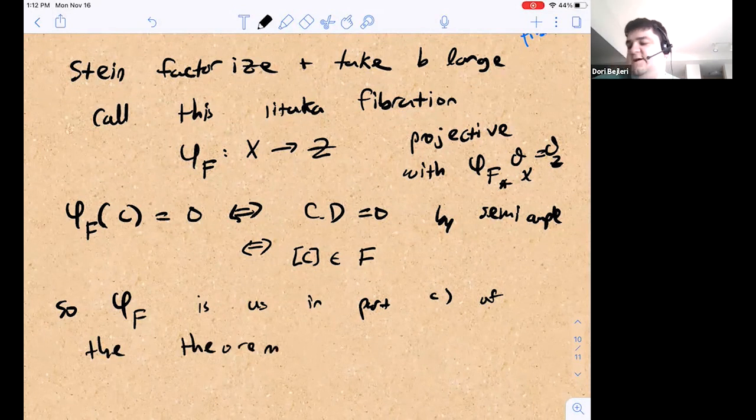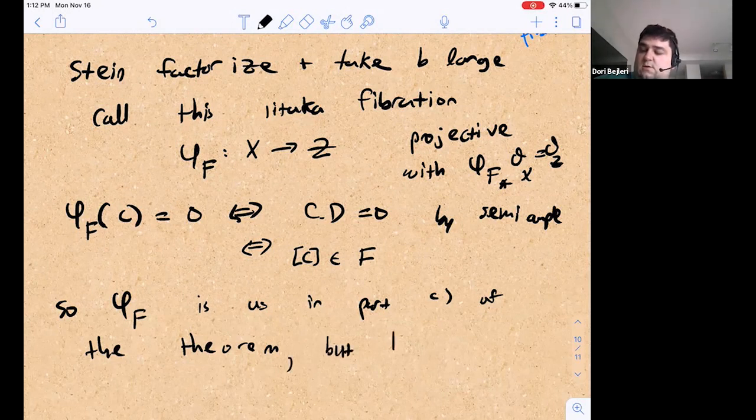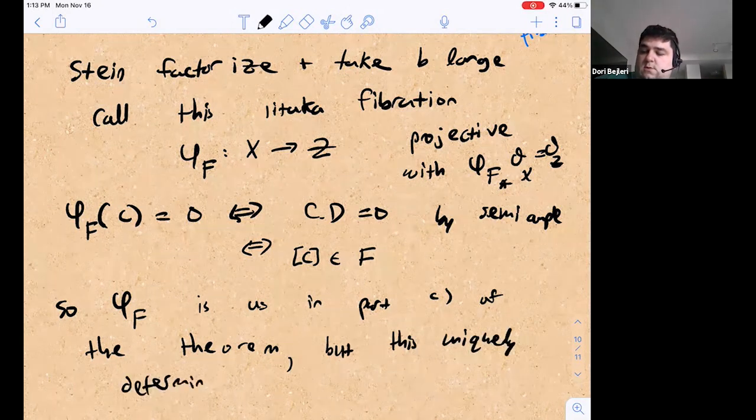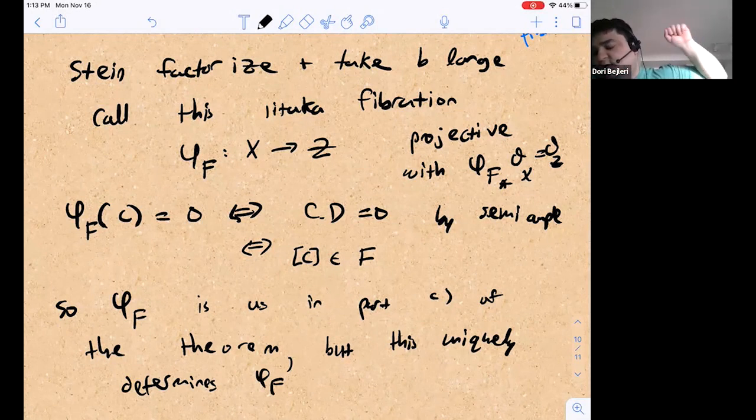But now the point is that these two properties uniquely determine phi F, because on the one hand, topologically, if you just think about the underlying point set of the variety, then the condition that a curve is contracted if and only if you're in this face determines phi topologically.